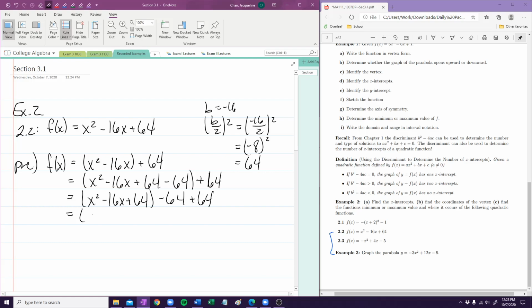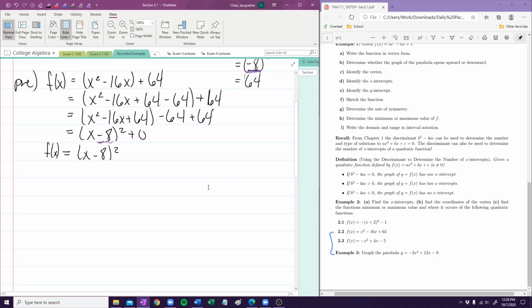Then I'm left with x minus 8 quantity squared plus 0, which is just x minus 8 quantity squared. So this is my vertex form. Remember this number right here, this minus 8, is the b over 2, so these two numbers are the same.